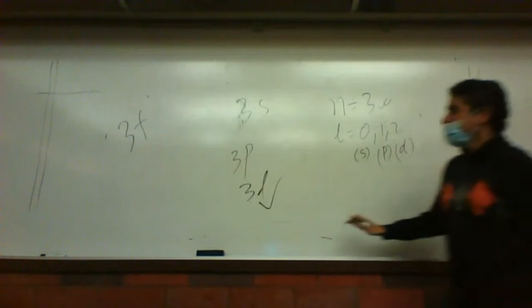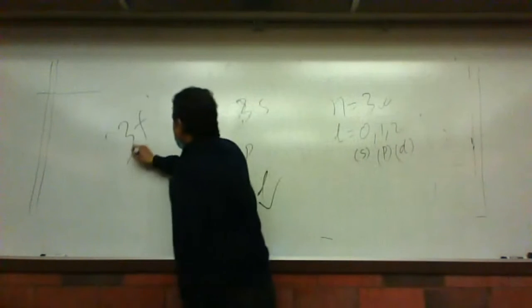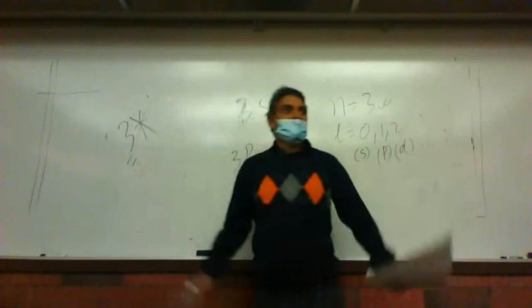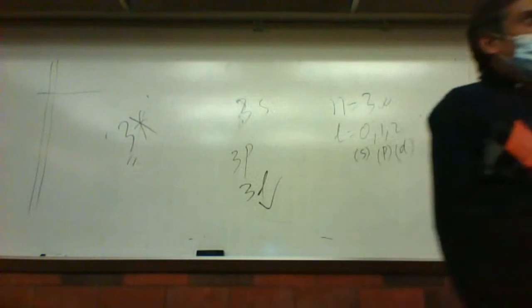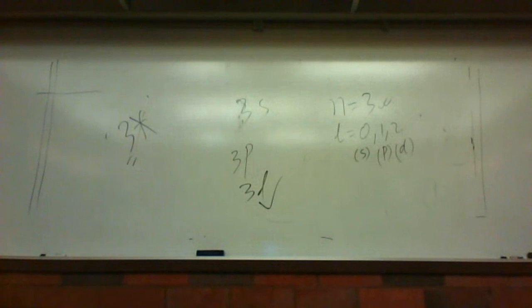So 3 is there, this is good, but f is not there. So 3f is bad. So write all the quantum numbers and write those letters, and then it should be good.